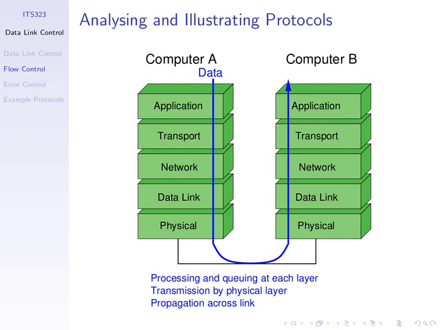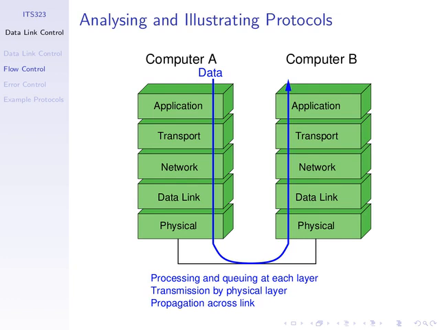They have to queue up before they're transmitted. Over the link, we have transmission delay, the size of the data that we want to send divided by the data rate. And we also have propagation delay, the time it takes for a bit or a signal representing a bit to propagate across that link. So they're the components of delay: processing and queuing in each of the layers, and transmission and propagation across the link.